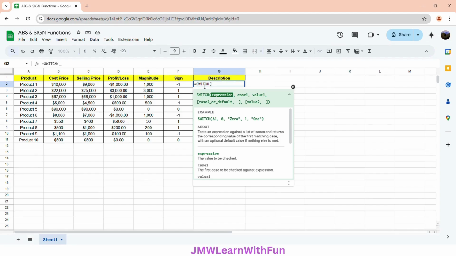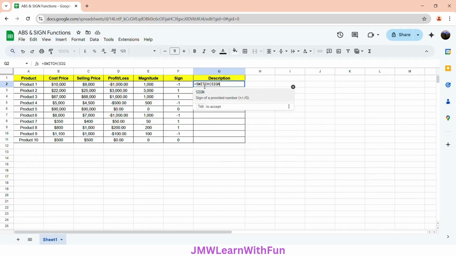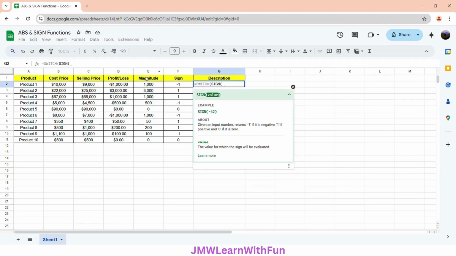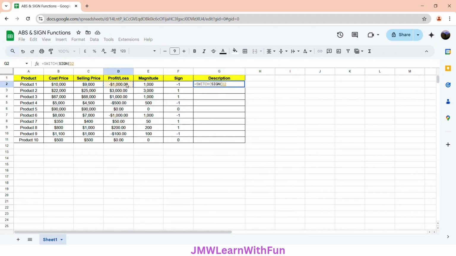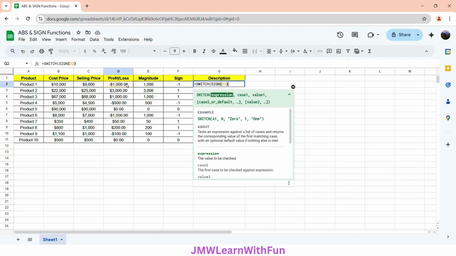So, for that, we will write equal to SWITCH, expression will be SIGN(D2). Case 1 will be -1. Value 1 will be loss of some dollars.